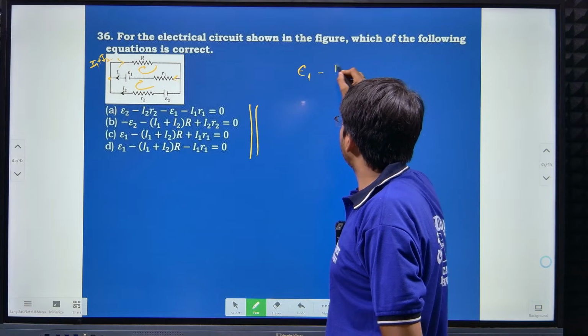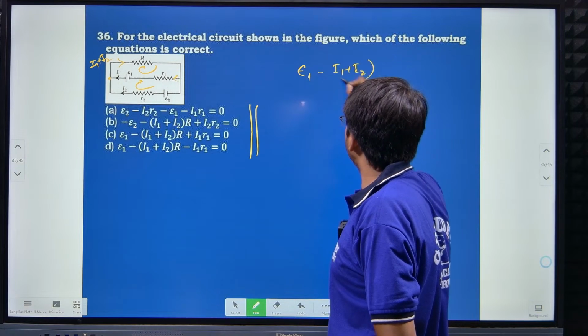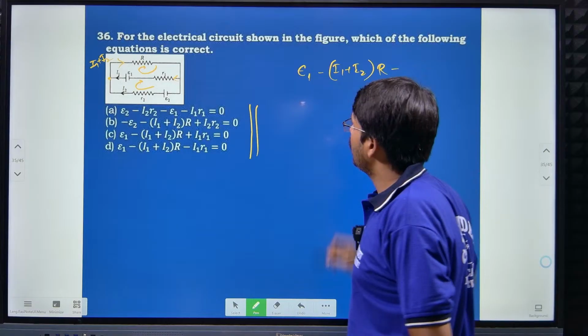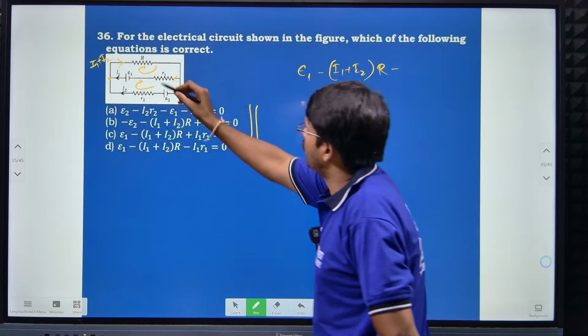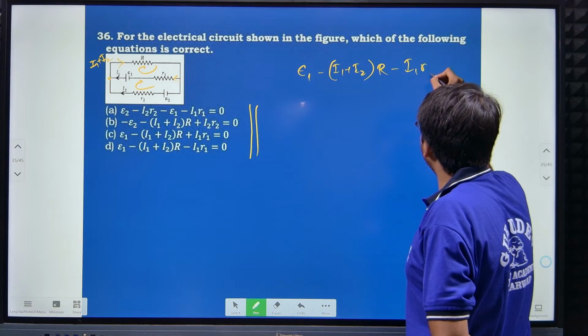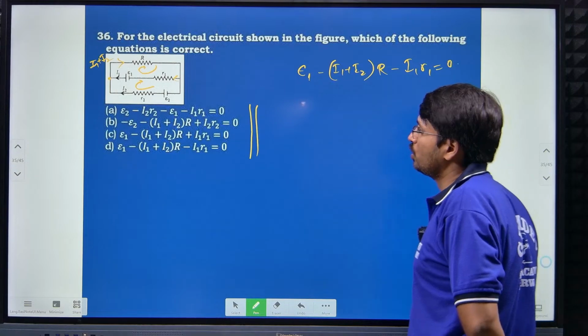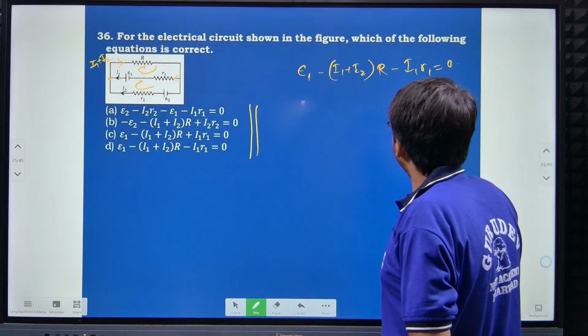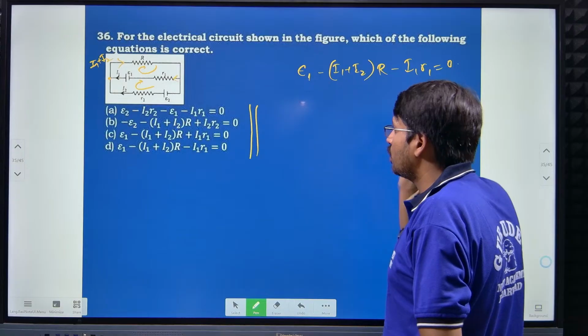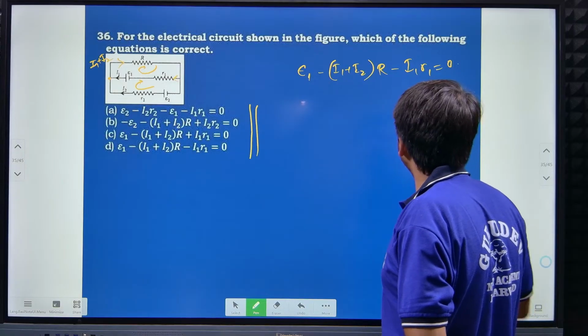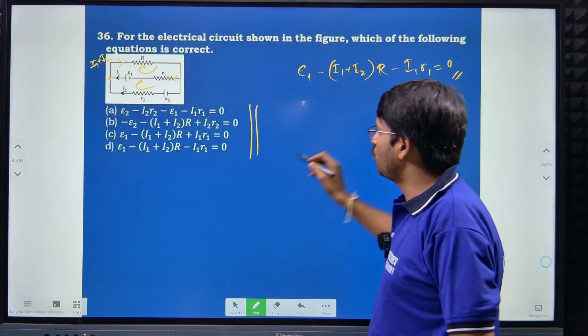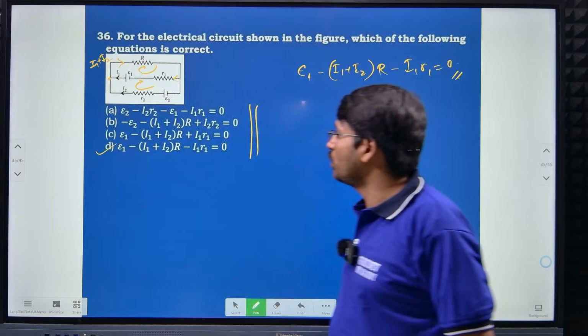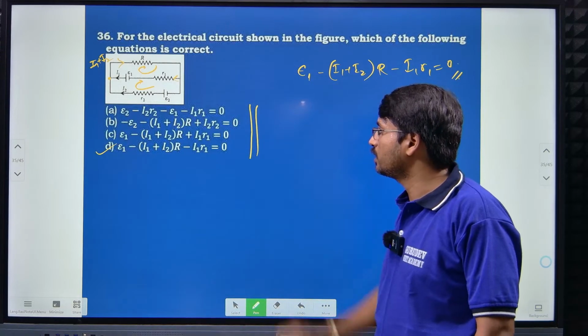Therefore it is I1 plus I2 multiplied by the capital R minus I1 R1 equals 0. Just look at all the equations. Do we have any equation similar to this? If you look, the last one is the right answer.